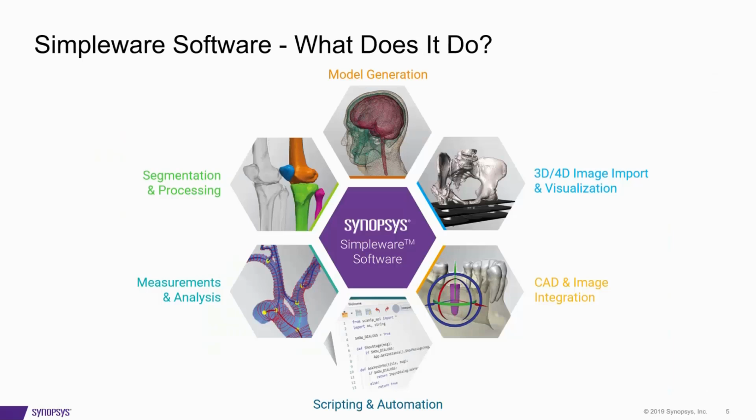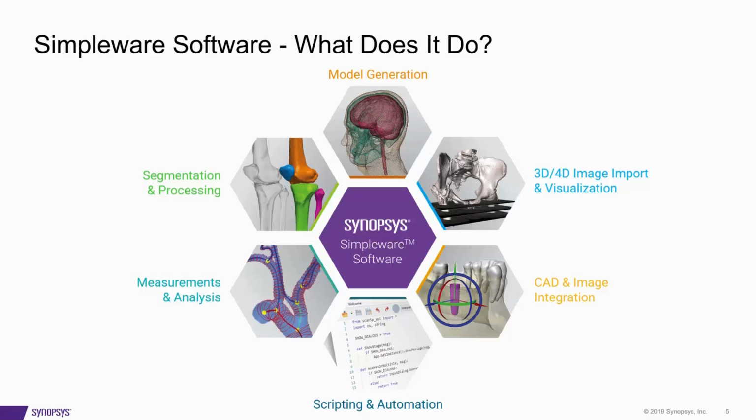So the Simpleware software solution is a platform called Simpleware Scan IP, and it allows you to import a range of different image data from CT, MRI, and more. And you can visualize this data, filter it, process it, and then segment it to create models of the parts that you're looking for.